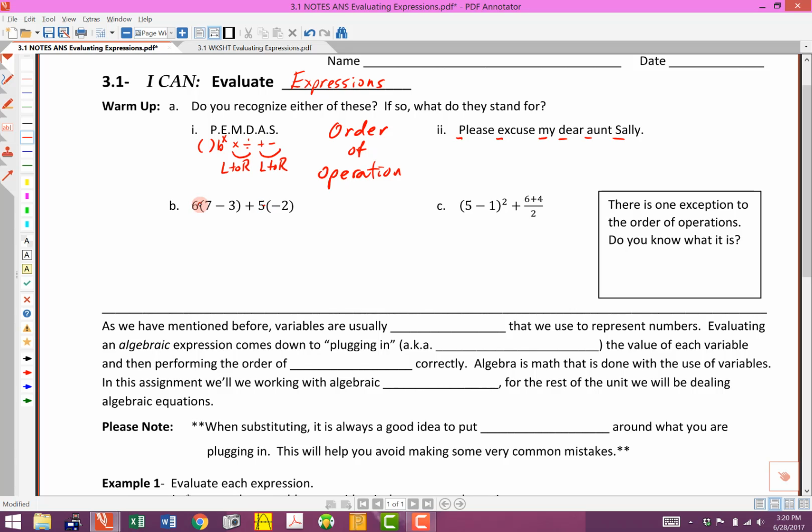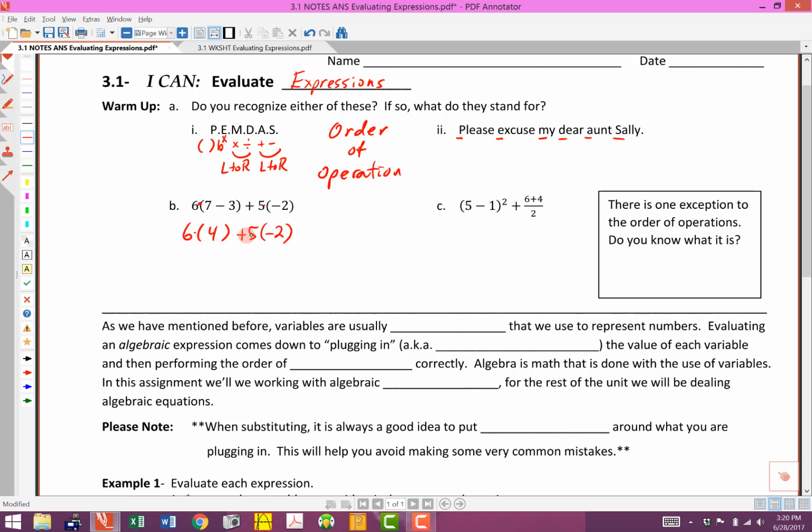So according to the order of operations, we're going to simplify anything that's in parentheses first. So I'm going to write down this 6, and then let's figure out what we get inside here. This is just 7 minus 3, so that's going to be a 4. Then we've got the plus 5, and then it's times negative 2. Now that is in parentheses, but it's totally simplified, so I'm just going to write that negative 2 again.